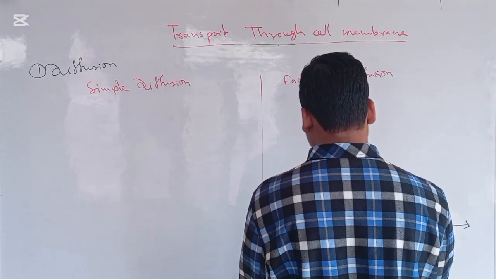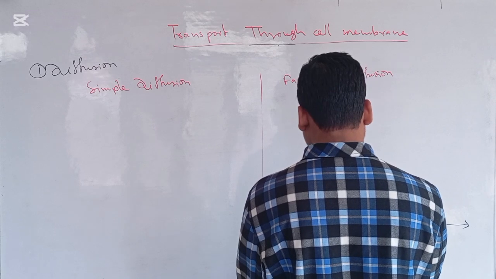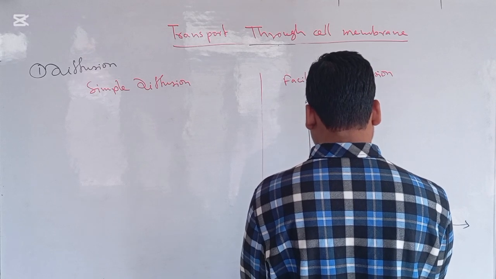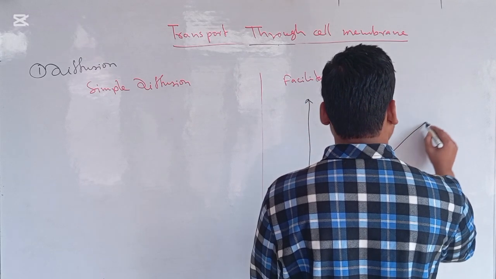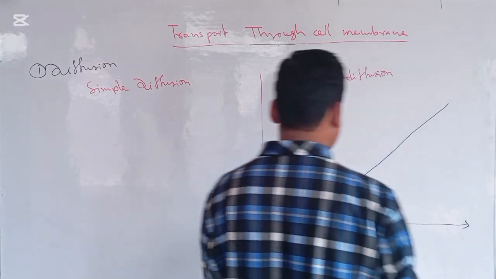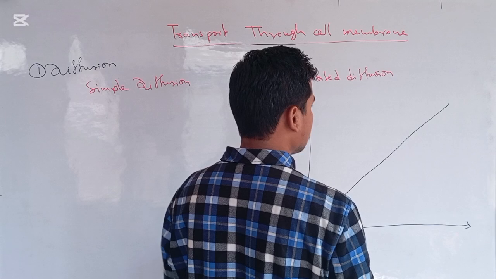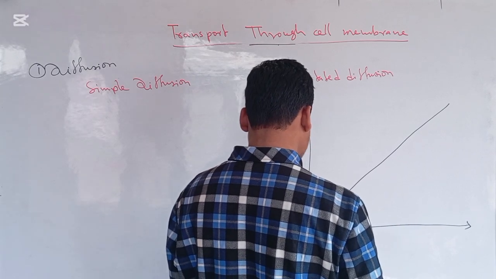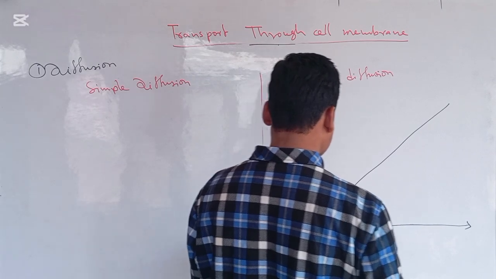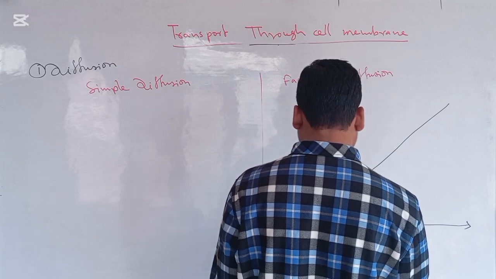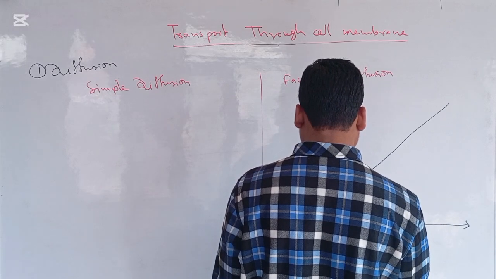Then I will draw a straight line passing through the origin. This is one graph, and the next graph, let's suppose, again starts here.